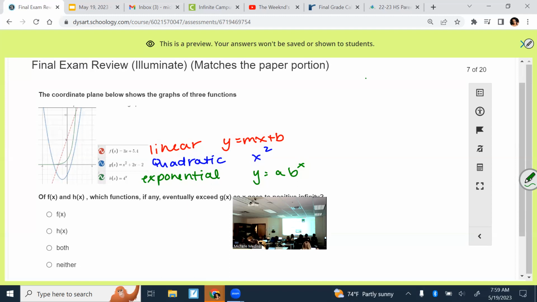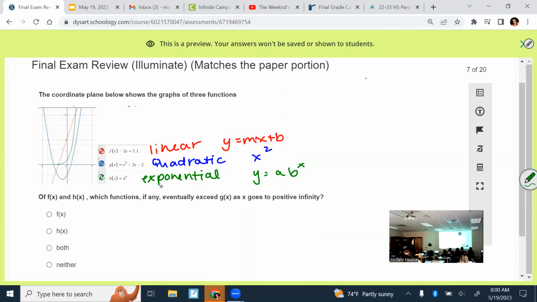Yes or no? Do you think that the exponential would exceed it? So exponentials eventually exceed the other types.